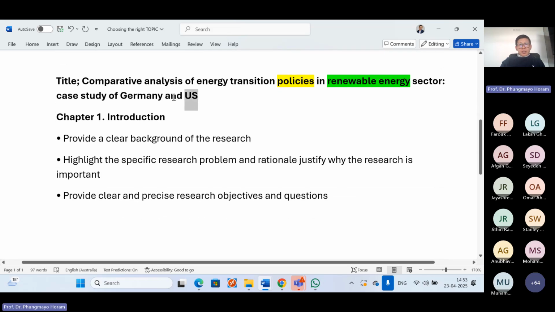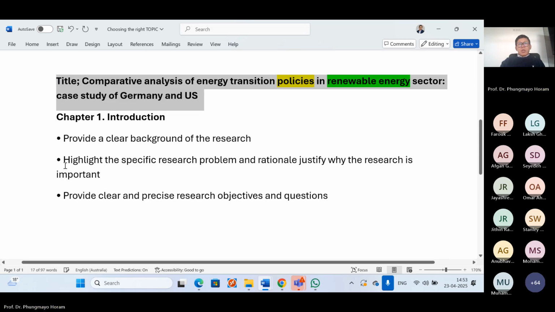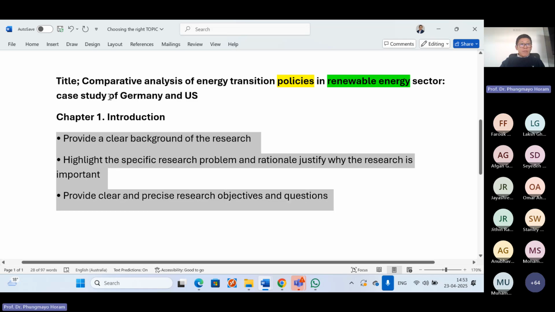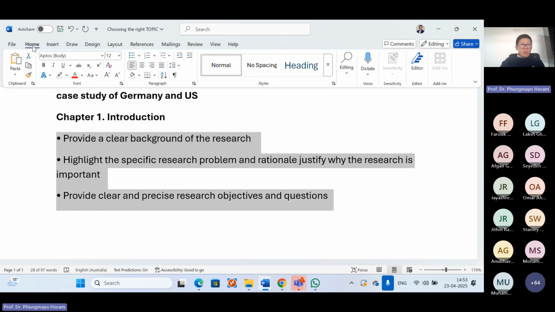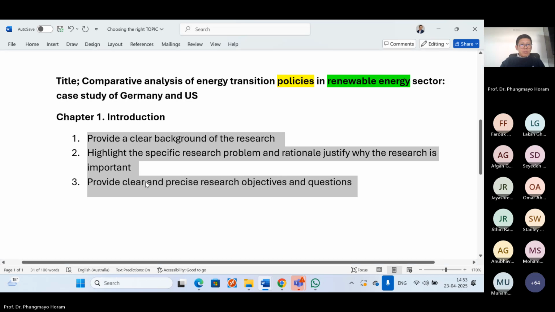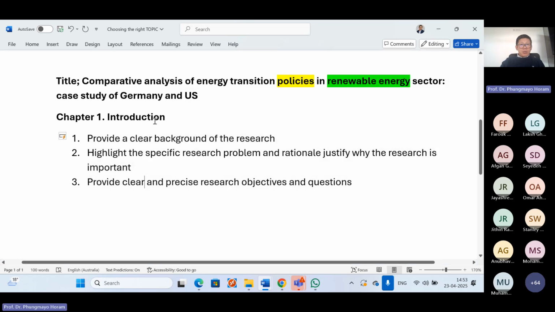Let's say your topic is this, right? Now, when you write the introduction chapter, when I grade, or any supervisor grades, they'll be grading whether these 3 points are covered in your introduction chapter.